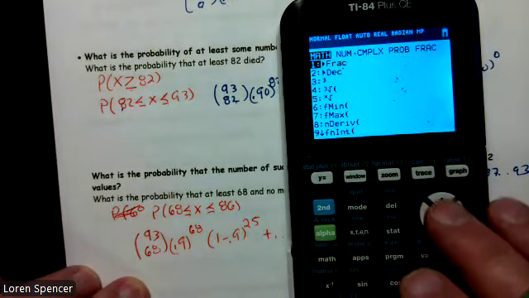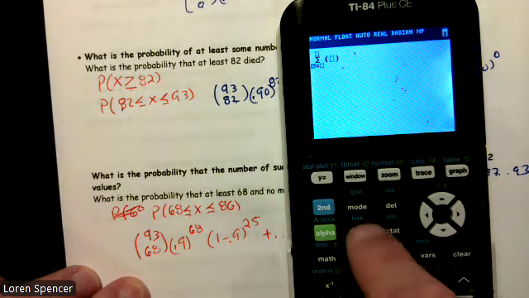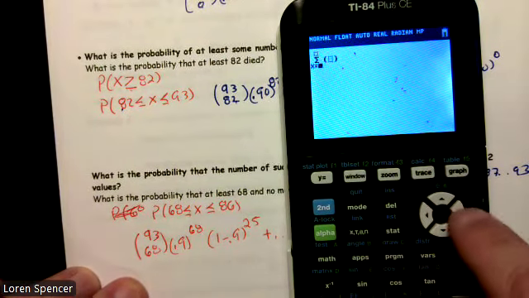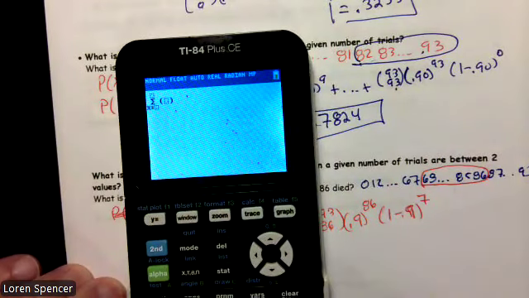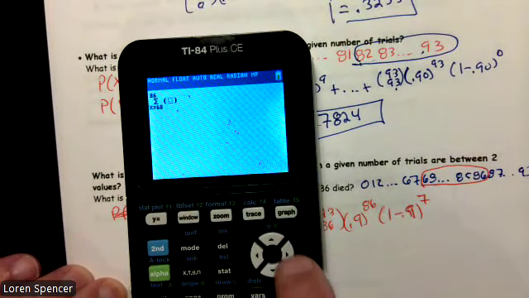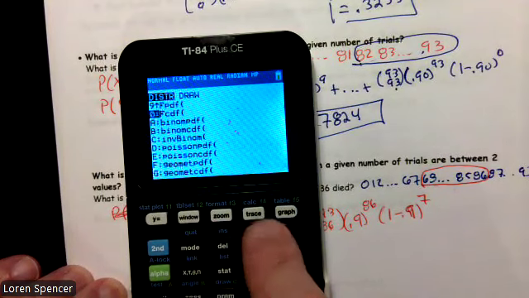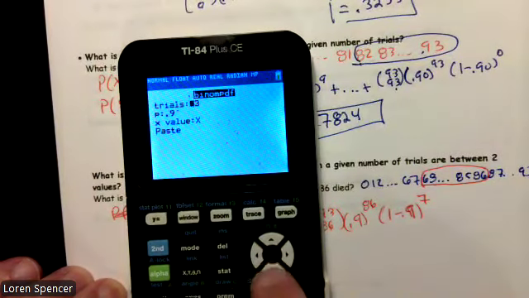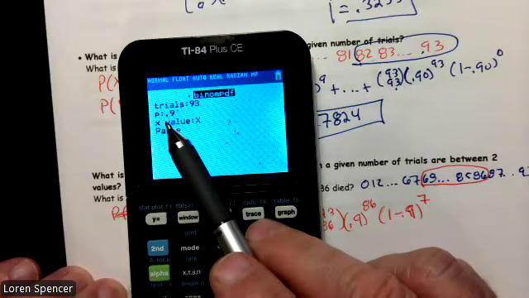Math, summation. We're going to press X. And we have 68 was our lowest value we circled. The highest value we circled was 86. Second vars, binomial PDF. 93, a group of 93, 90% death rate.